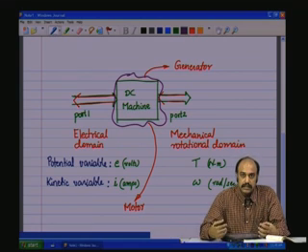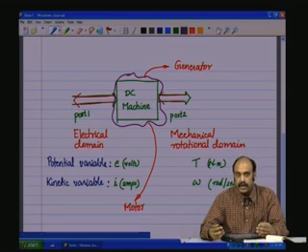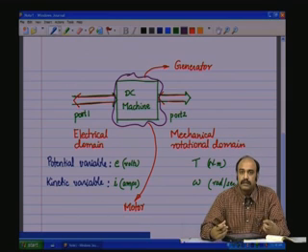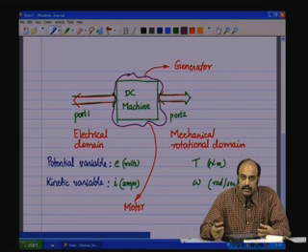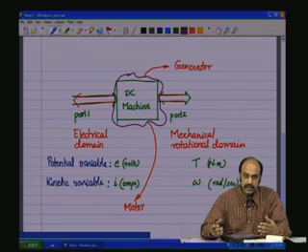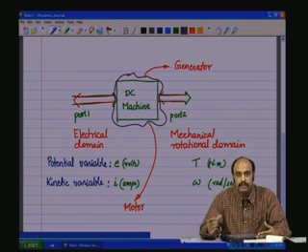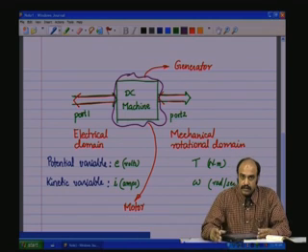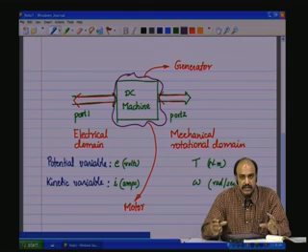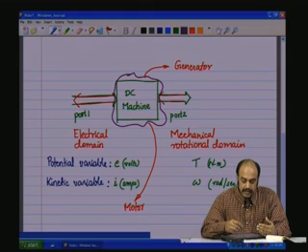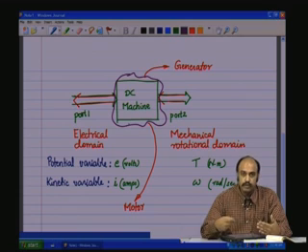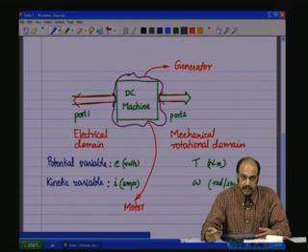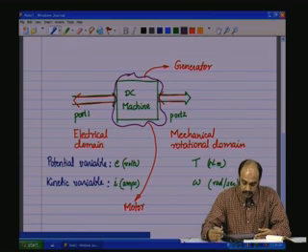We discuss the DC generator, and the same machine will later be discussed as a motor, that is, it transfers energy from the electrical to the mechanical domain. Most of the principles that we study about the DC machine as a generator will also be applicable to the same machine in the motoring mode.